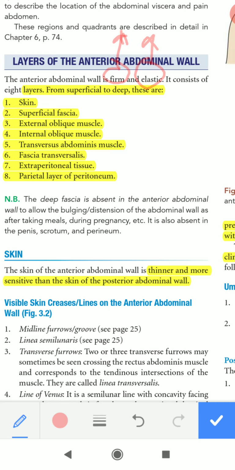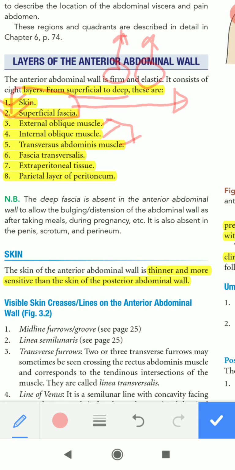Now the 8 layers from superficial to deep. The most superficial layer is the skin, then superficial fascia. Actually, the skin and superficial fascia are attached together, so these two layers are found together. Then 3 flat muscles: external oblique, internal oblique, and transverse abdominis.